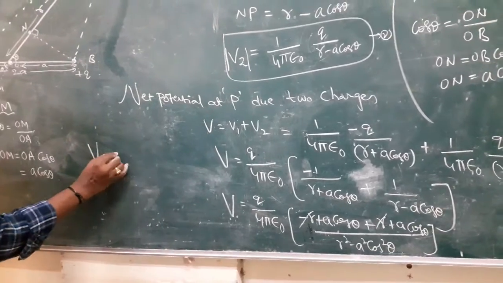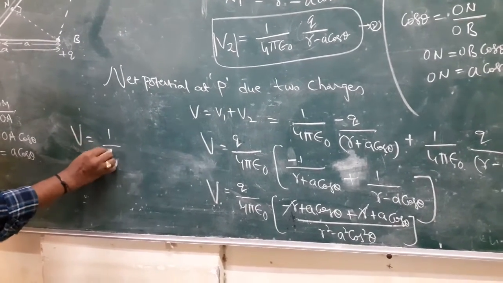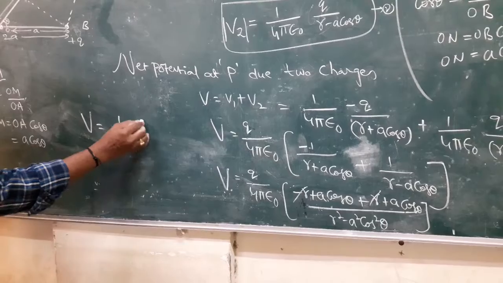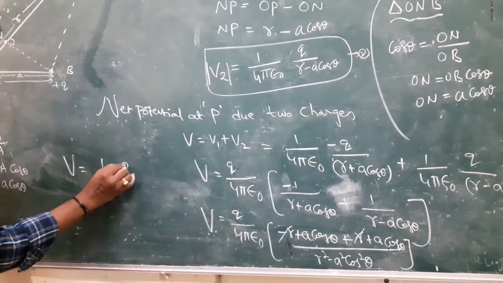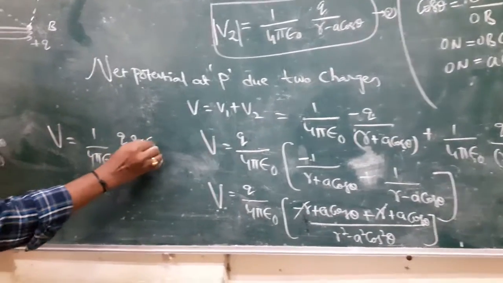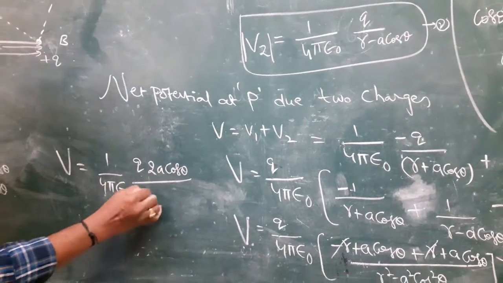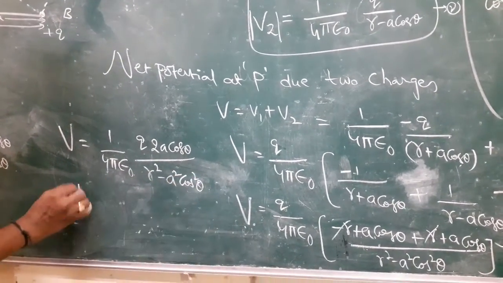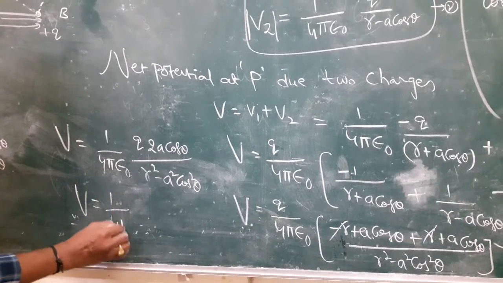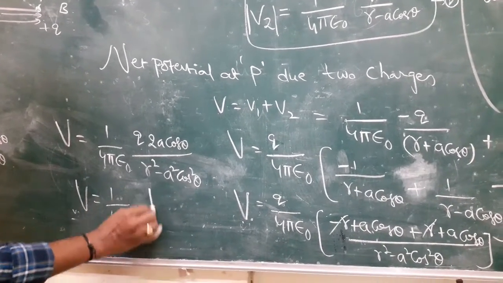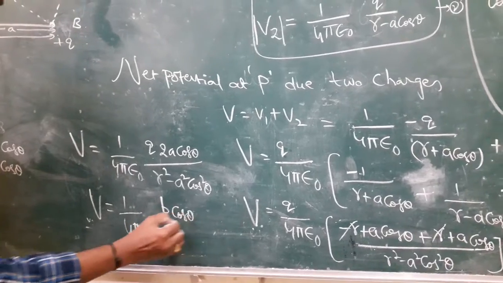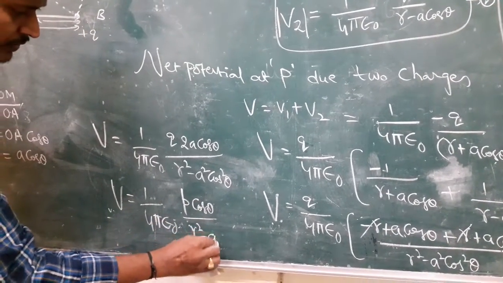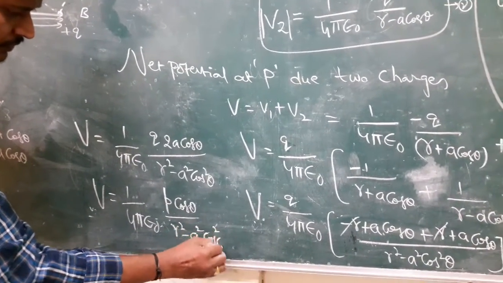V is equal to 1 by 4 pi epsilon naught, q into 2a cos of theta divided by r square minus a square cos square of theta. So V is equal to 1 by 4 pi epsilon naught p cos theta divided by r square minus a square cos square of theta.